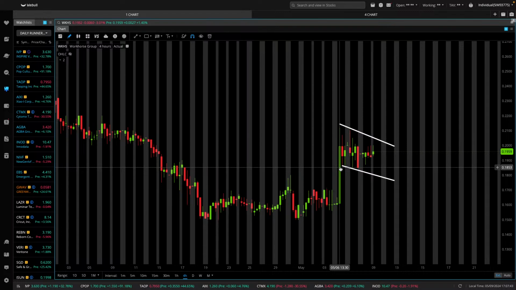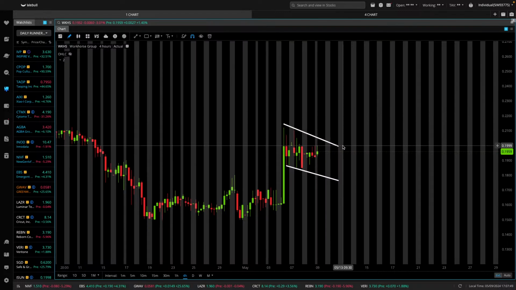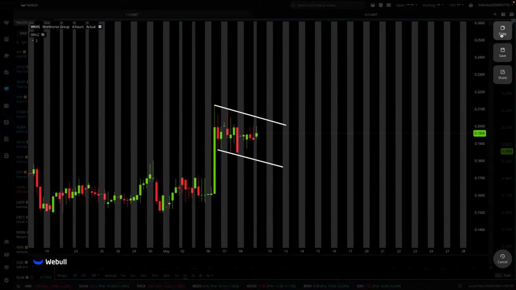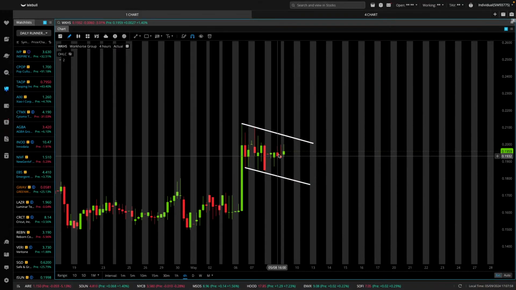When was this? 2 days ago, Monday, Tuesday, Wednesday, Thursday. So maybe we'll see if this one does move. For me, I'm not really interested in it, but this is what you have. Possible flag on Workhorse. So this is a bull flag, because there's the flagpole, and then it's trending like that. So Workhorse is a possible bull flag.